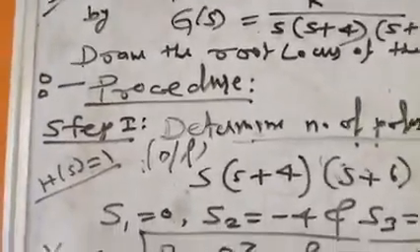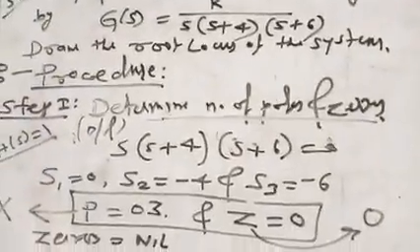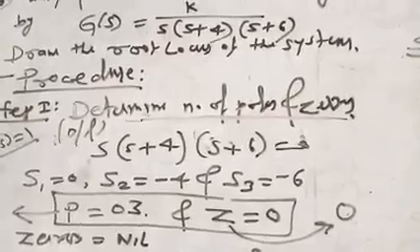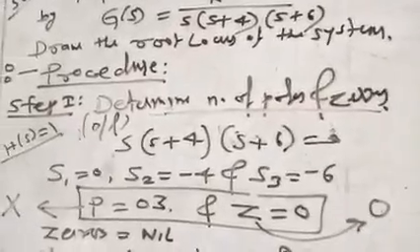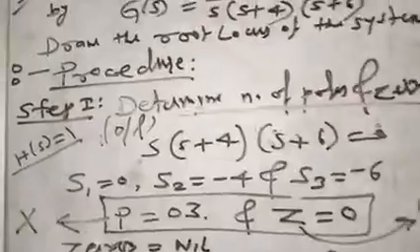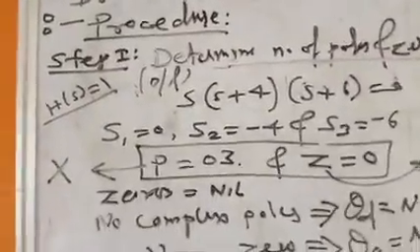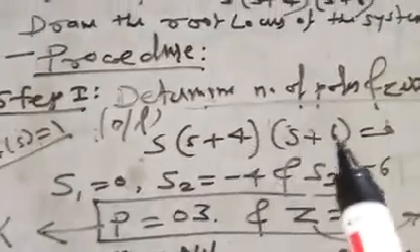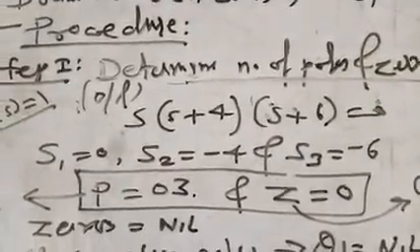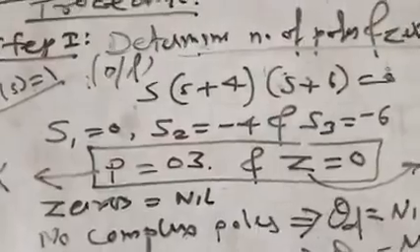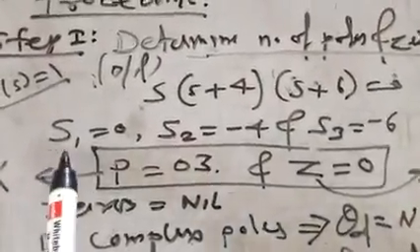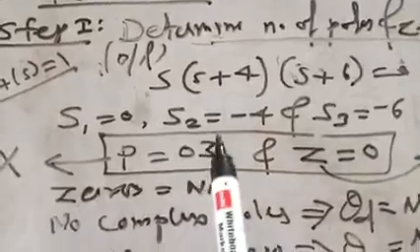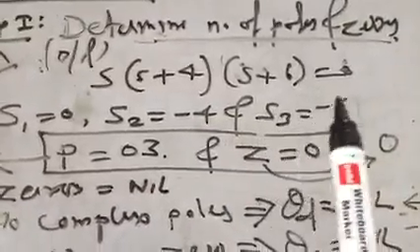Step 1. The first step is to determine the number of open loop poles and zeros. So open loop poles: s(s plus 4)(s plus 6) is equal to 0. So there are 3 poles: s1 is equal to 0, s2 is equal to minus 4, and s3 is equal to minus 6.